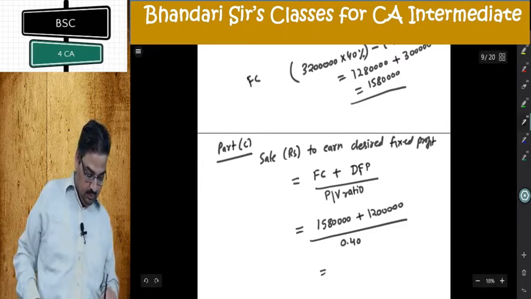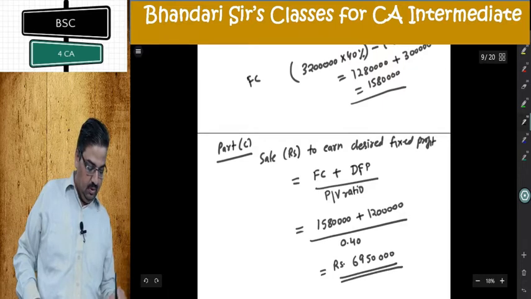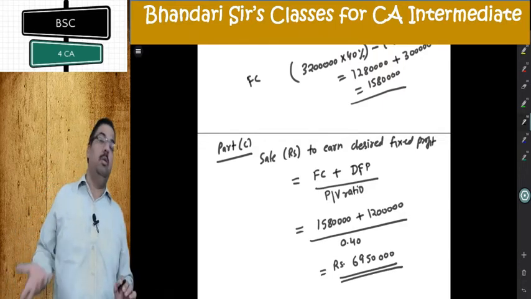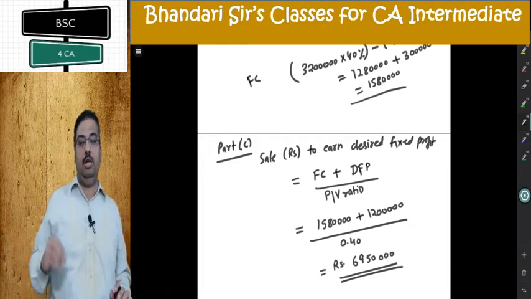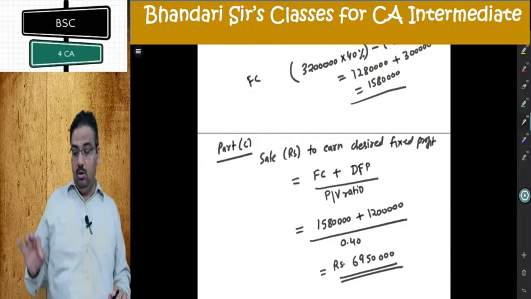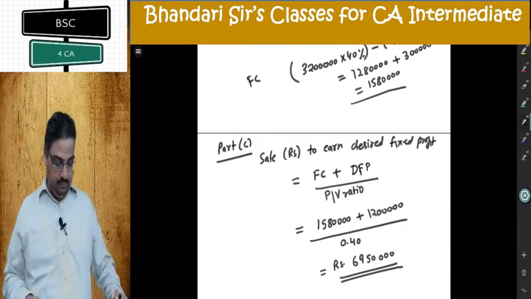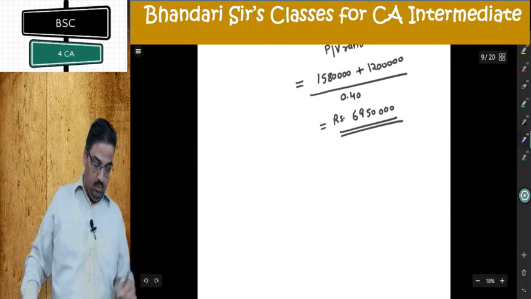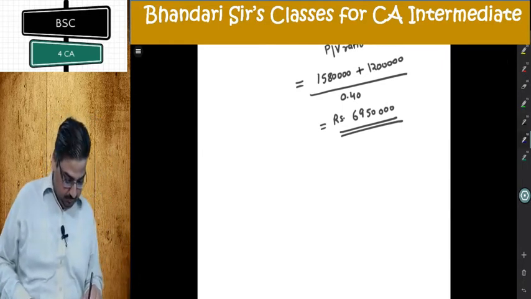That makes rupees 69,50,000 is desired sale in rupees. In units cannot be computed because no data of units and per unit is known to me. This was full question A6. Similar question A7.